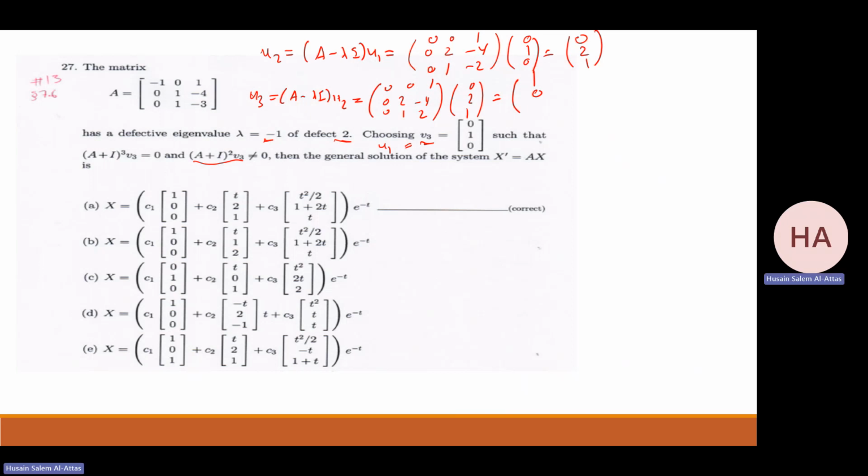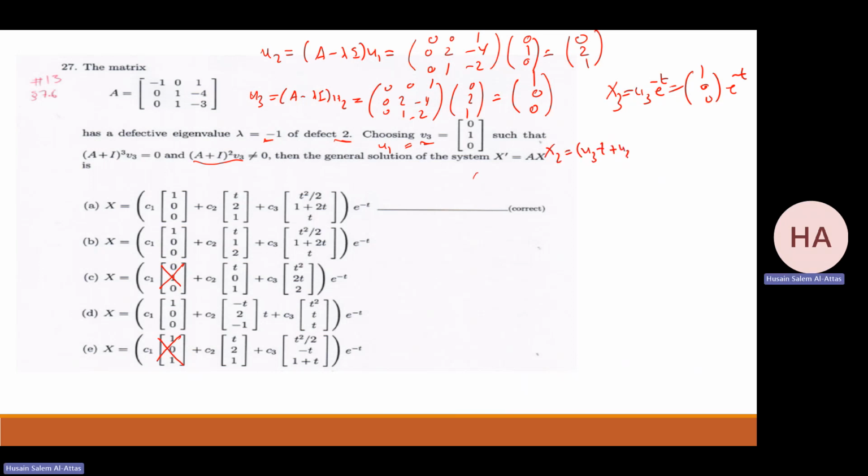No, this is minus 2. Sorry, this is minus 2. So this is 0. So this is U3. So x3 will be U3 e to the power minus t, and that is 1, 0, 0 e to the minus t. So this is wrong, and this is wrong. Good. X2 will be what?